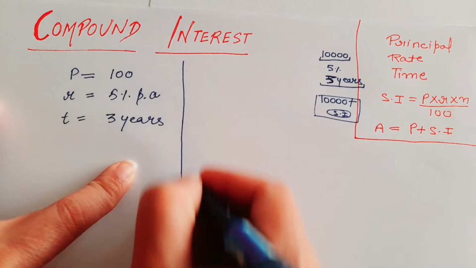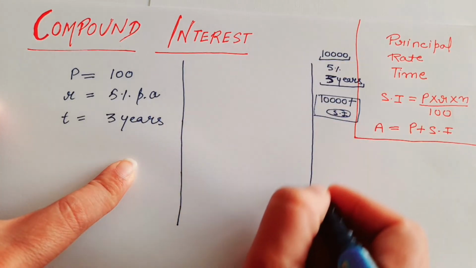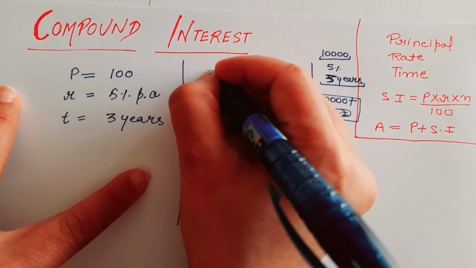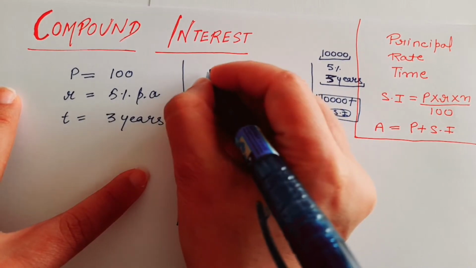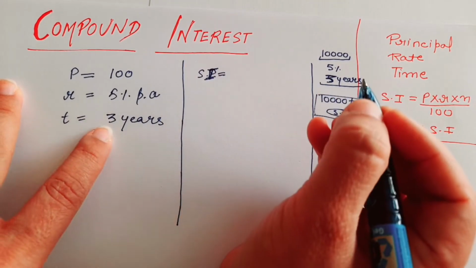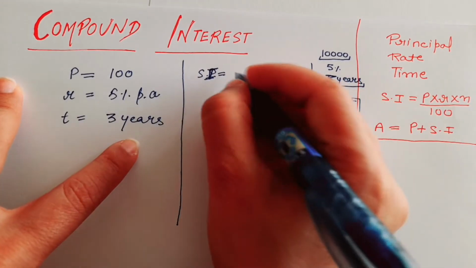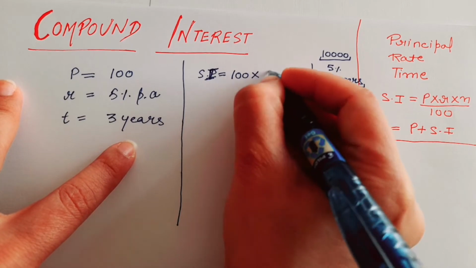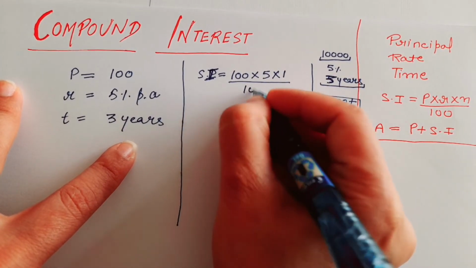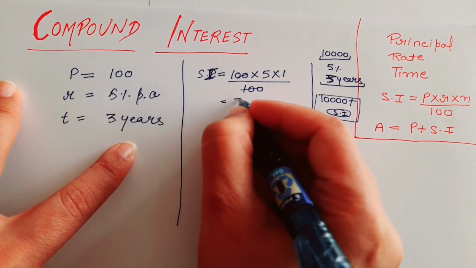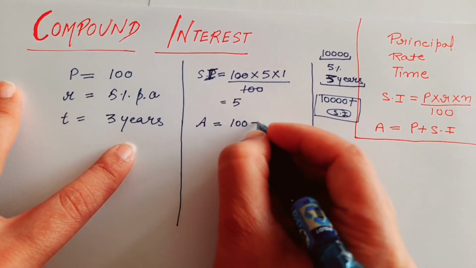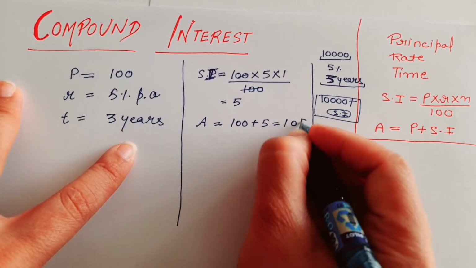The procedure is like this. I will tell you the direct formula, but what is the procedure? We count simple interest for every 1 year. For the first year we will not take the time as 3 years; we will calculate simple interest for the first year. After 1 year your simple interest is 5 rupees, and the amount will become 100 plus 5 equal to 105.